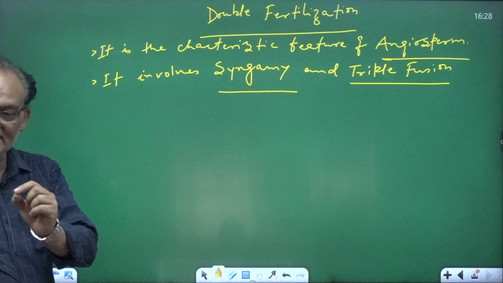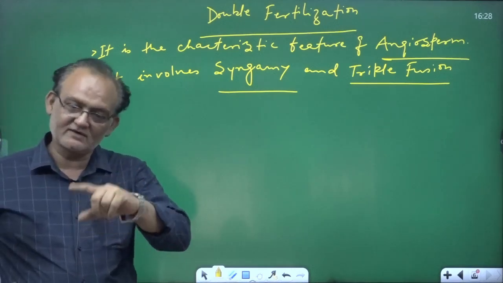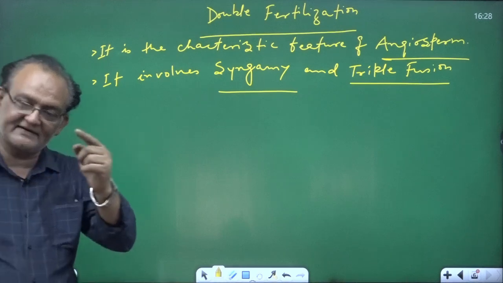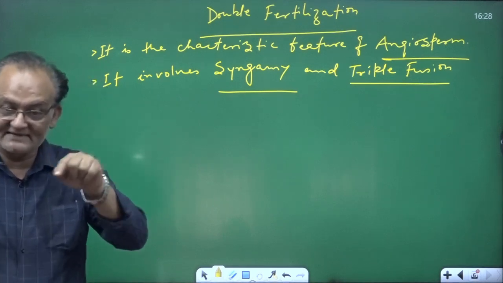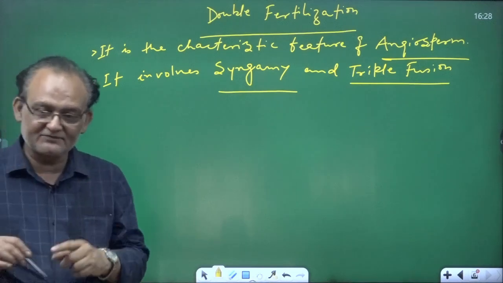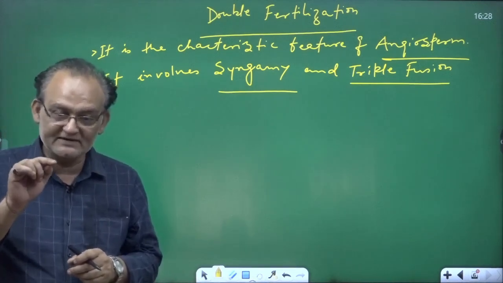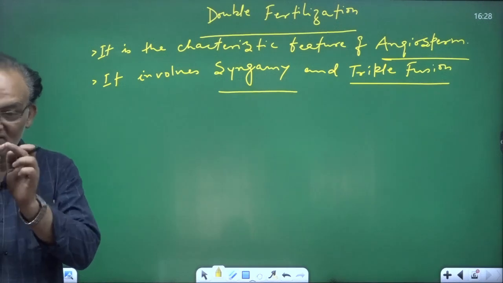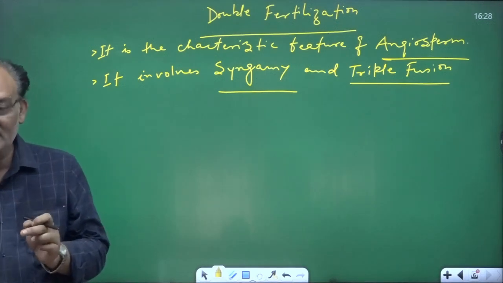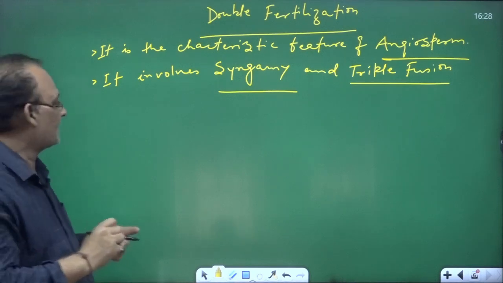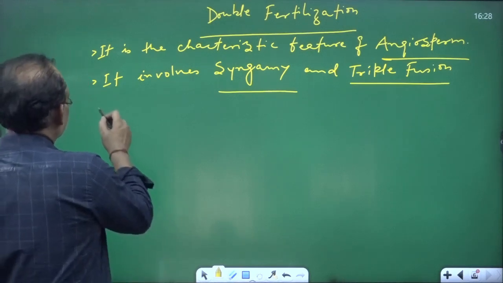Fusion of one male gamete with the ovum is called syngamy, and fusion of another male gamete with the secondary nucleus present in the central cell is called triple fusion. Why is it called triple fusion? Because three nuclei are involved. Two have fused into one, so there are two nuclei, and one nucleus from the male gamete.